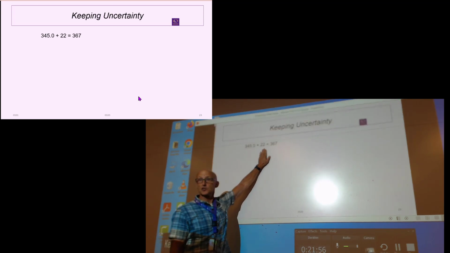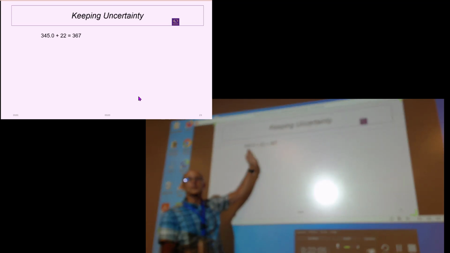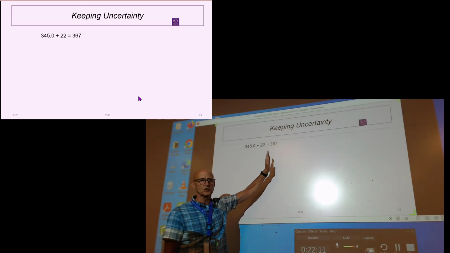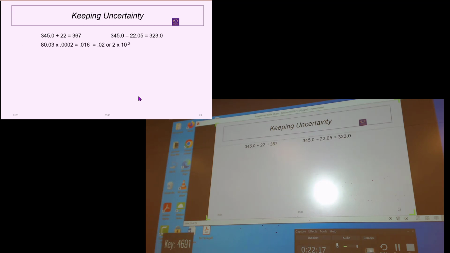This is precise to the ones, right? So my answer can only be precise to the ones. And I will write it that way. Even if it came out with a weird fraction, I'd write it to the ones. That's what they mean by keep the least precise.